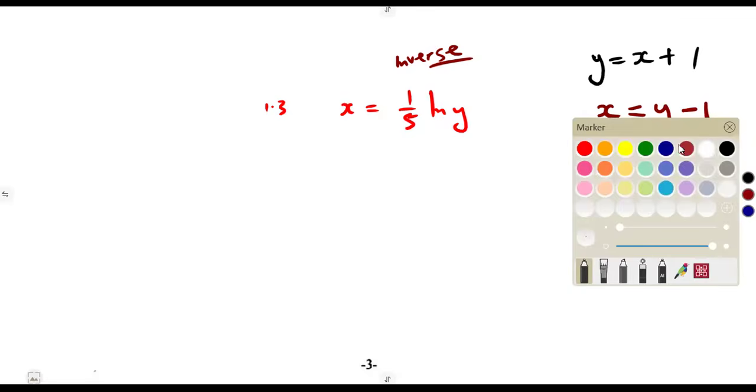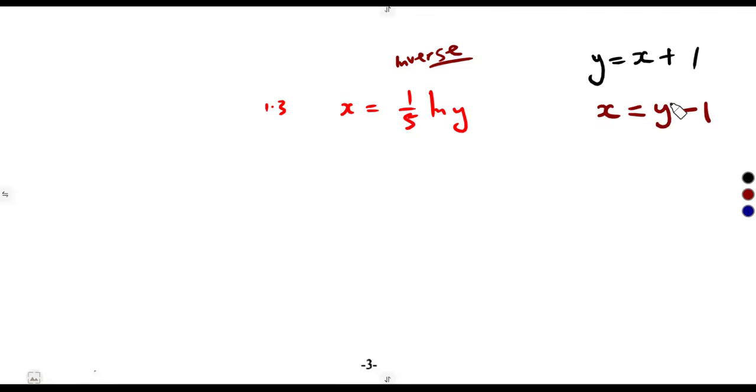So my question is, what has changed between these two? What has changed? Nothing has changed. We just made x the subject, guys. It is still the same straight line that you're going to have.